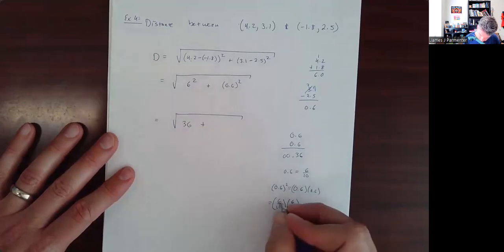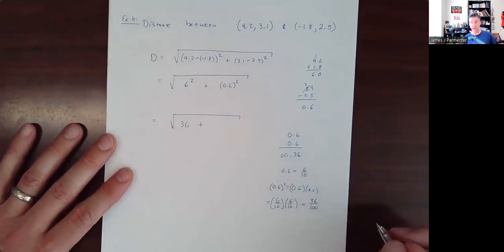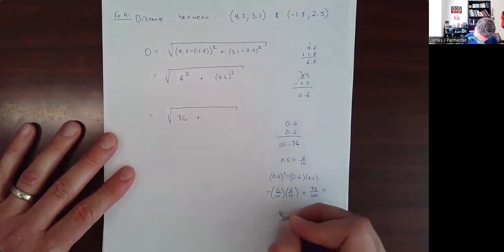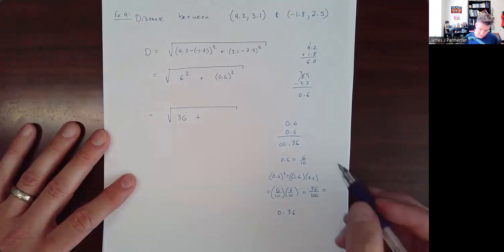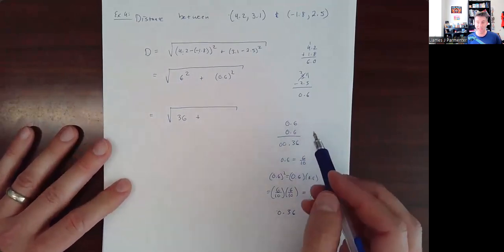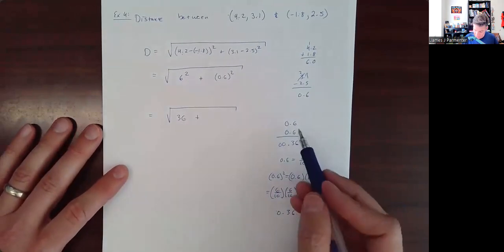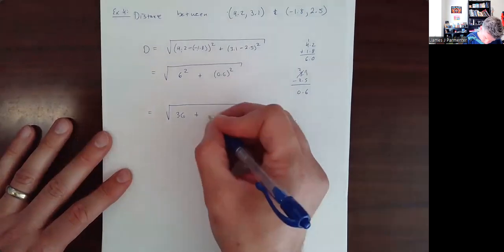Then you multiply 6 times 6 is 36, 10 times 10 is 100, and 36 hundredths is exactly 0.36. What I think about is 0.6 is a number that's smaller than 1, and when you multiply something by something that's smaller than 1, it should get smaller. So 0.6 times 0.6 should lead to a number that's less than either one of those.